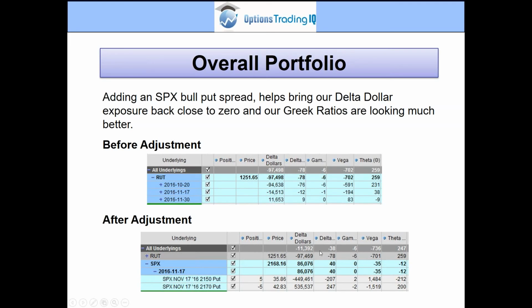And here it's now less than the delta because the SPX is much higher. So a 40 delta on SPX has a much different notional exposure because the underlying is higher. Does that make sense? 86,000 delta dollars is a much higher notional exposure for that level of delta. So different underlyings, different rules.